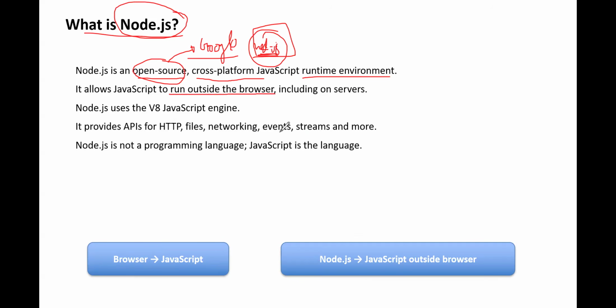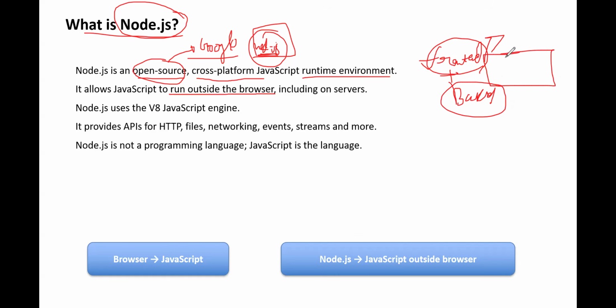Outside the browser, we have told, is frontend plus backend plus database. Frontend means inside the browser, where the user interface or UI will be seen.